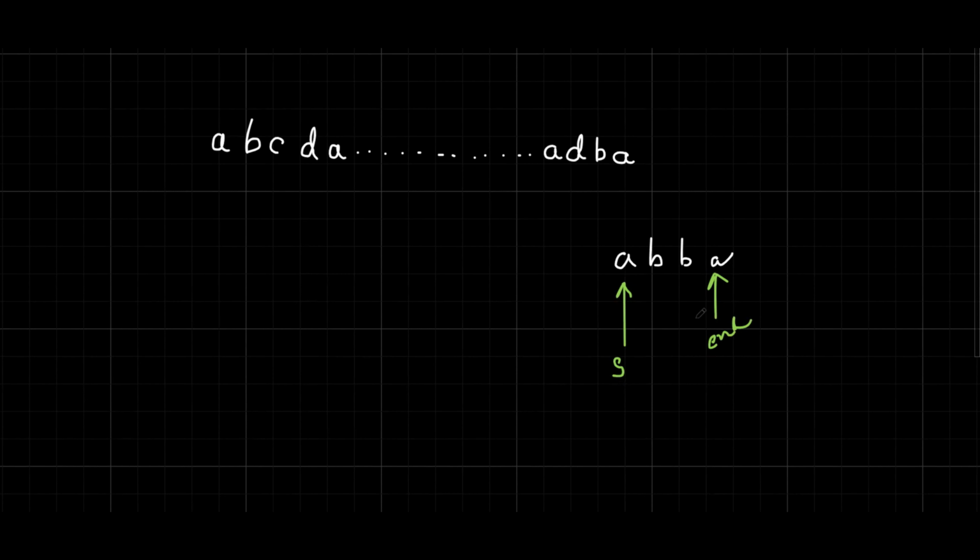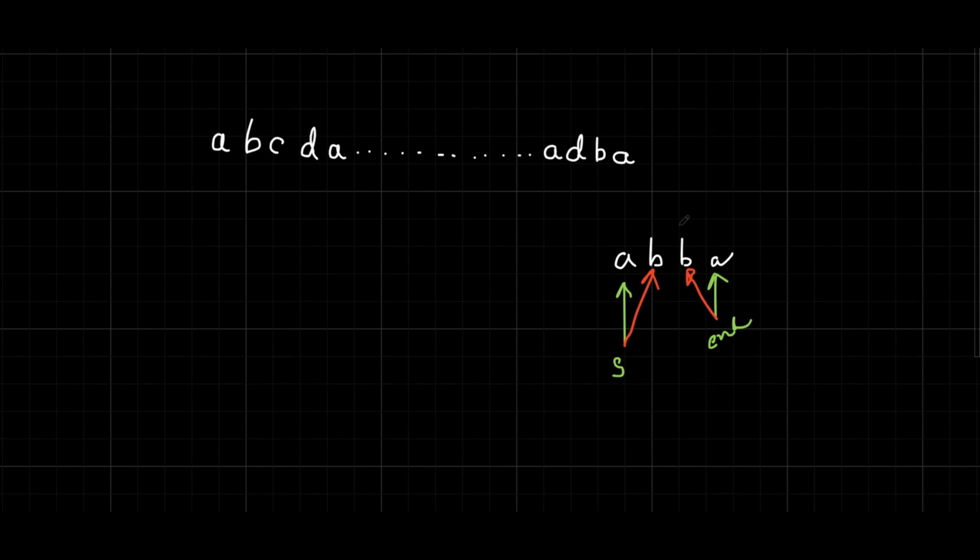In each iteration, we will update the start pointer and the end pointer and check whether their values are equal or not. Suppose here the start pointer value is A and the end pointer value is A. Both of them are equal, so we update the pointers. Now our start pointer is pointing to this B and our end pointer is pointing to this B, and both are equal.